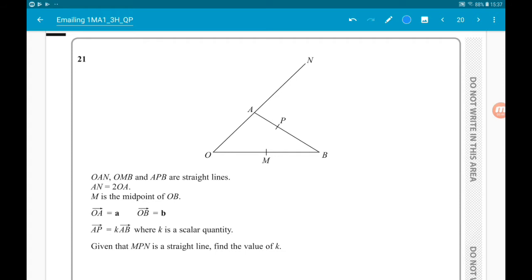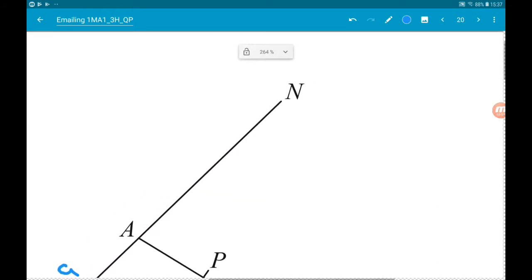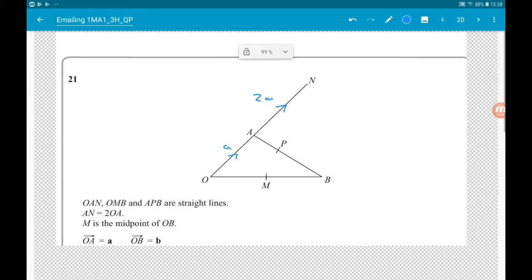O to A is little a. So this vector is little a. Now remember that we were told AN is 2OA, and that means the vector A to N is going to have to be 2a, because it's twice the length.